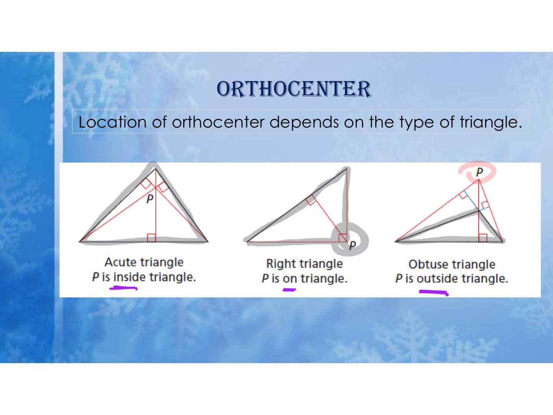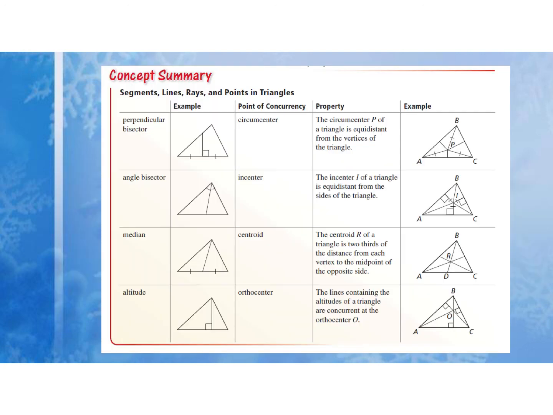They're points of concurrency. So the first column has the name of the segment. The second one gives you an example. Remember, there's 3 though of each. Then the third column has the point of concurrency. And then the fourth column is either describing the theorem or different properties of that bisector or whatever the segment is, whether it's making congruent segments, whether it's 2/3 of the length.